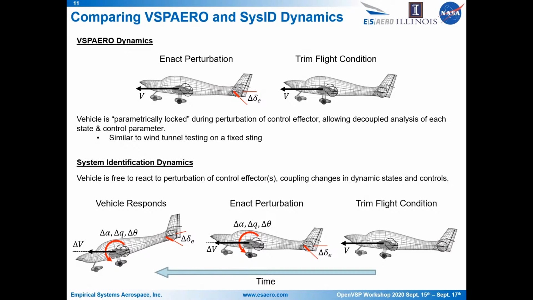And the challenge that introduces is when you have very similar terms building out the equations of motion in state space form with different stability derivatives, it becomes difficult to determine whether the change in forces and moments should be attributed to the control deflection which you enacted or the immediate changes to the other states which followed from that.